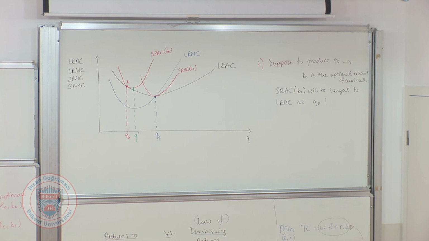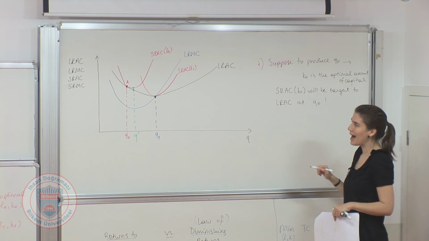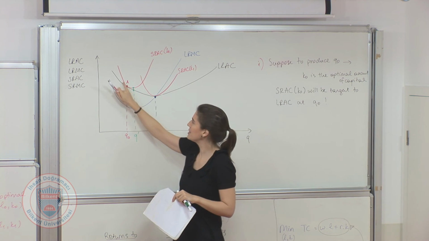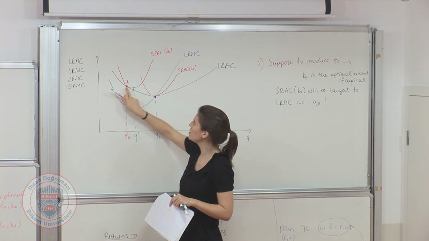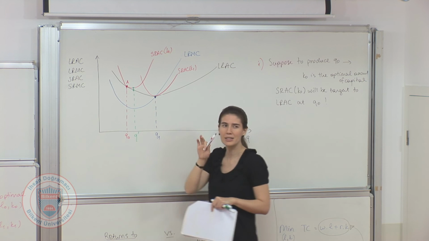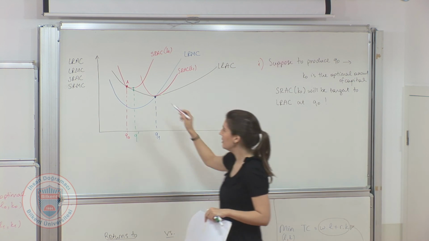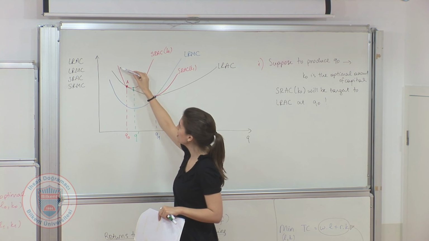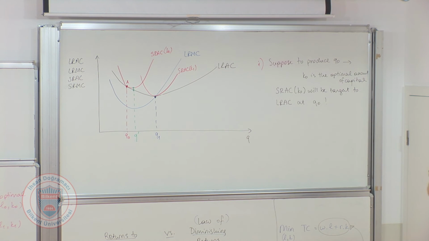So they will be tangent to each other at that Q0 level, okay? And it's going to be tangent at a point which is on this portion of the curve, okay? It's not going to be at its minimum due to returns to scale, okay?